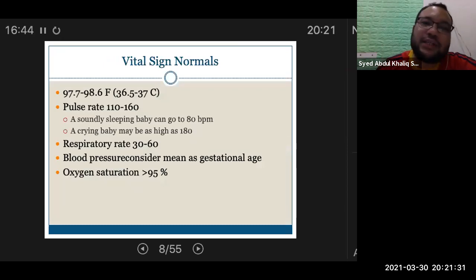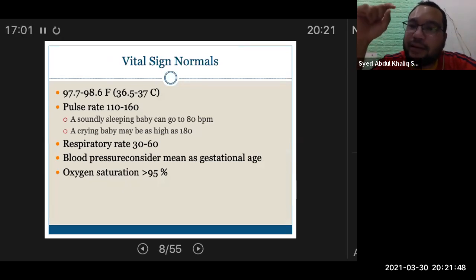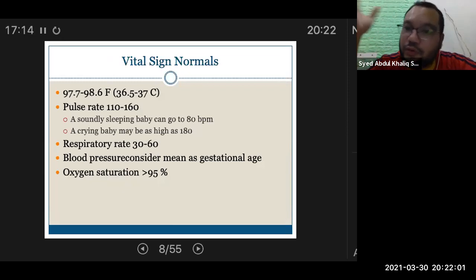Normal vital signs in newborn babies: temperature 36.5 to 37.5 degrees Celsius, heart rate 110 to 160, respiratory rate 30 to 60. Less than 30 is bradypnea, more than 60 is tachypnea. For blood pressure, we usually look at the mean blood pressure according to gestational age. For a term baby, we expect the mean blood pressure to be 40.